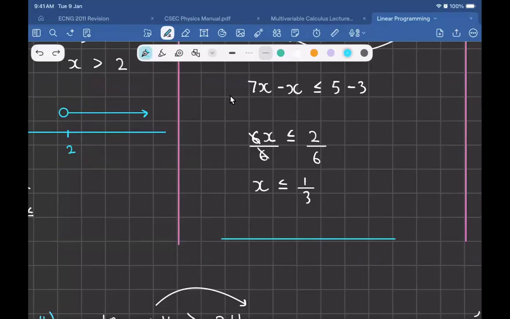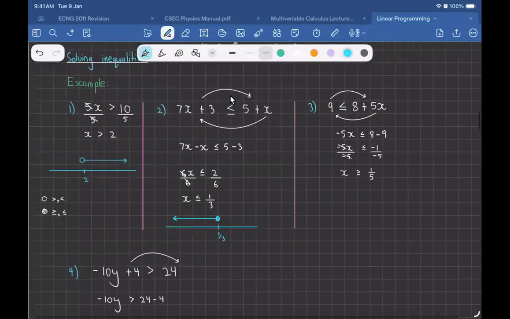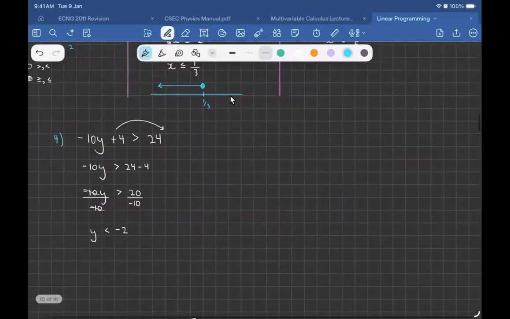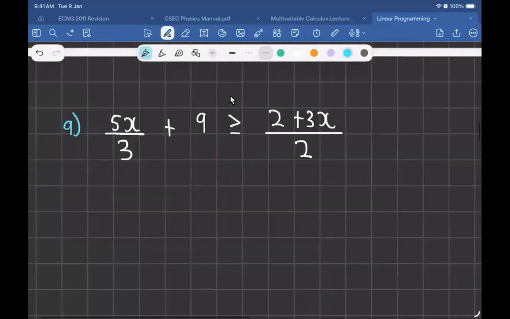Just really rough sketches. Since it's less than or equal to, you shade on the inside and put your arrow in this direction. It's really not that hard. That's all the homework, as well as question 9.